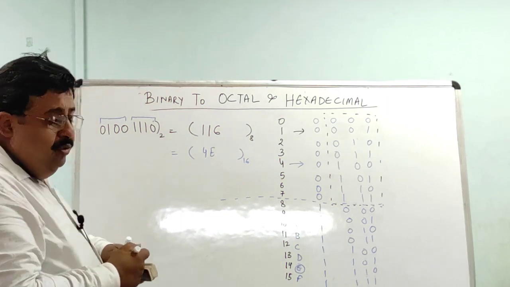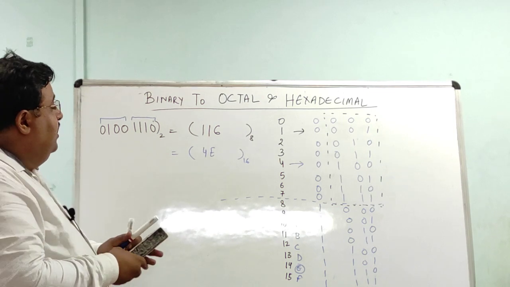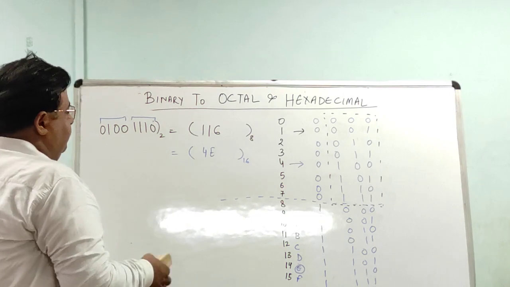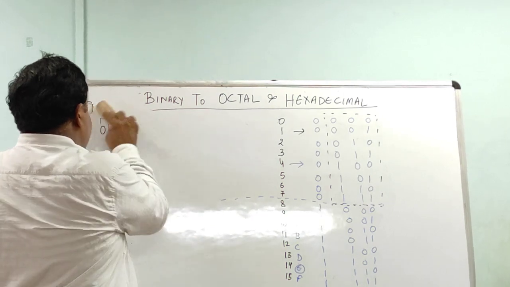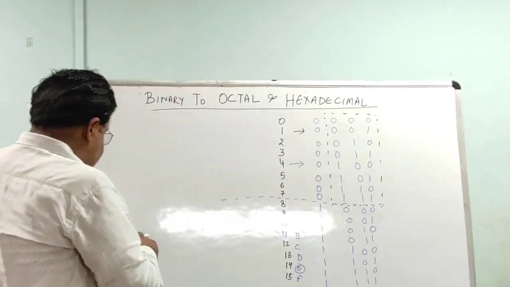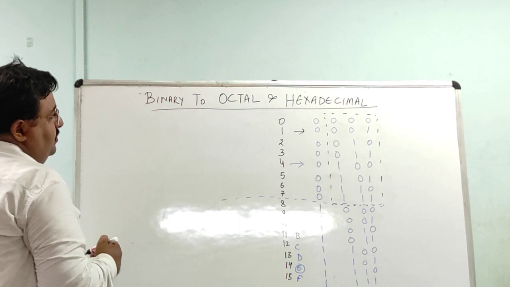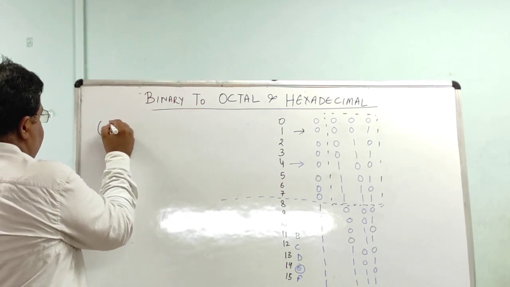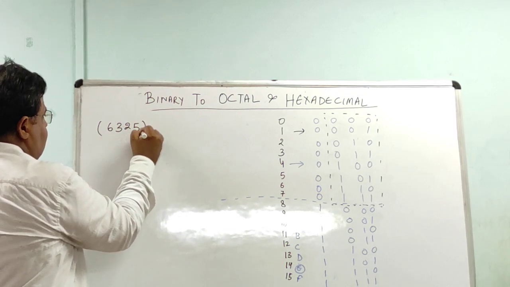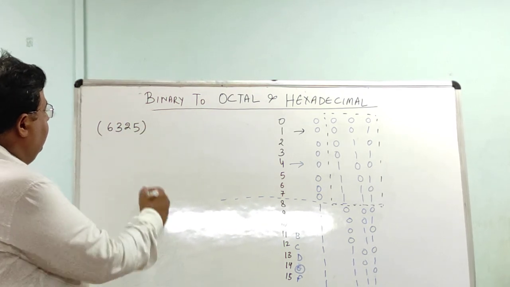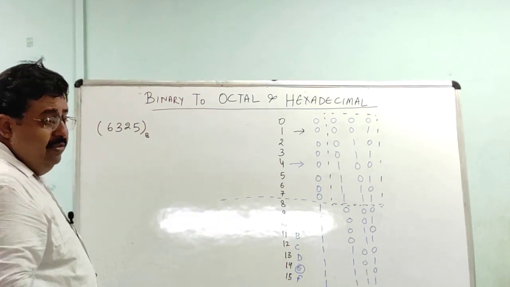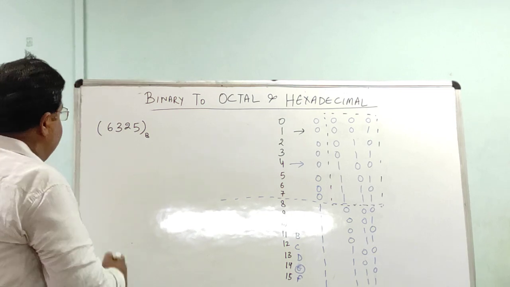Now I am going to take an example where I am converting hexadecimal to binary and octal to binary. Let us say I am having 6325. This number is in the octal number system and I want to convert it into binary. So what I will do?